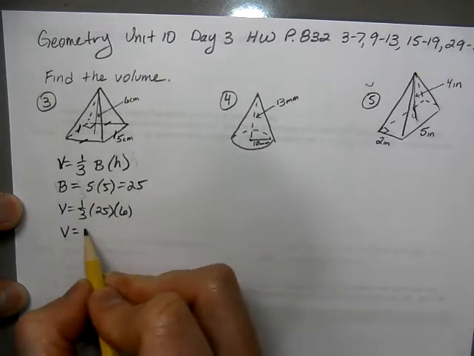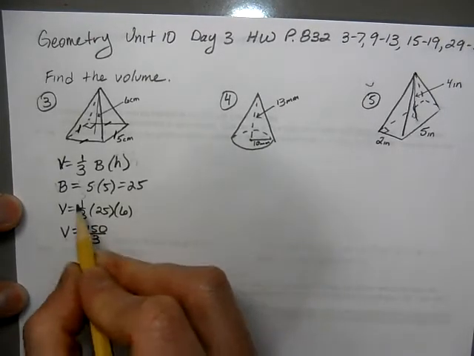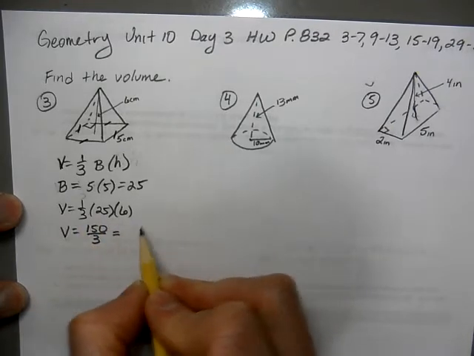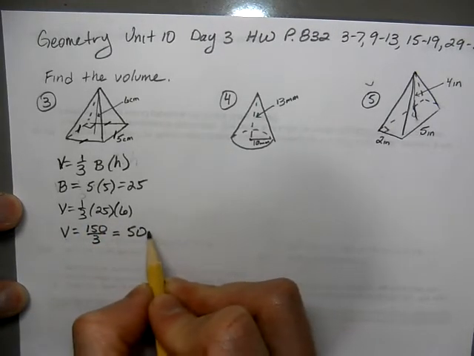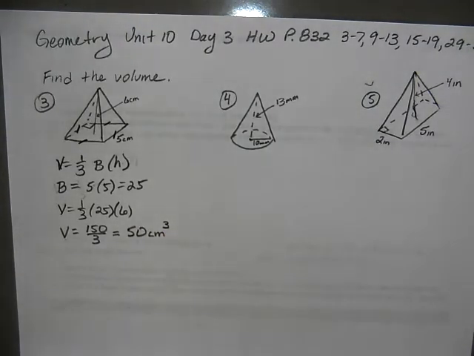So we get 150 divided by 3. That's the 1/3. 150 divided by 3. So we get 50 centimeters cubed.